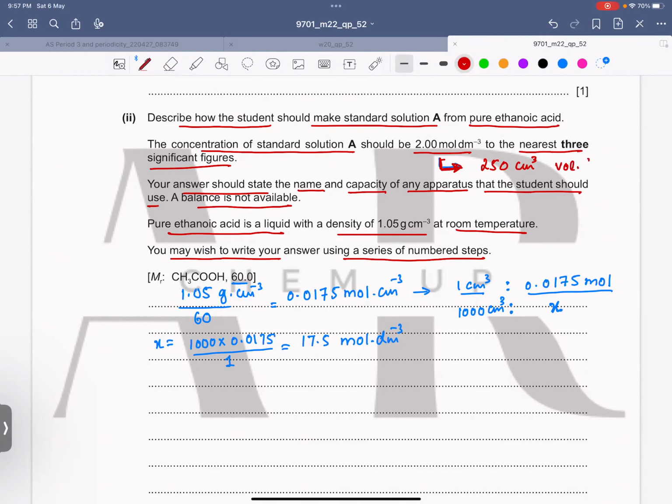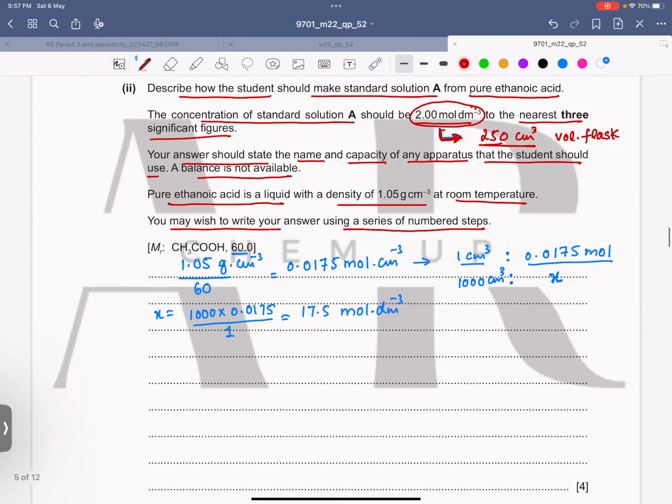So I have to know how much volume of this would be needed to make 250 centimeter cube of solution having this concentration. If you recall the previous discussion, we can consider it as a stock solution or a concentrated solution, right? Yes, we can consider it as a stock solution.